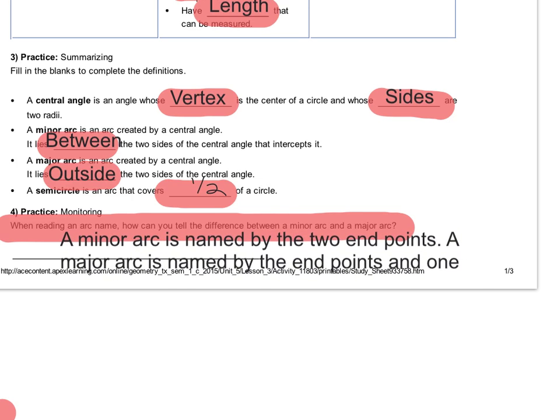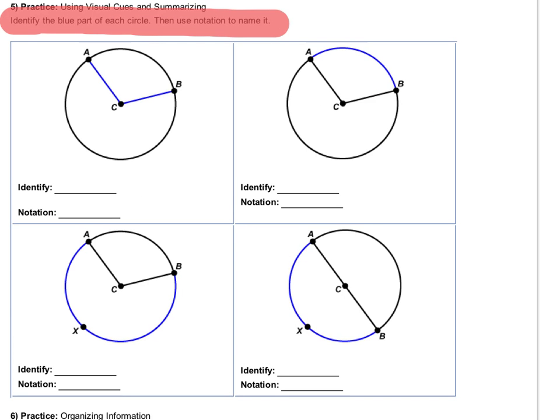So it says identify the blue part of each circle. In this case, what we have here on the first picture in circle C is a central angle. We would name it either angle ACB, or we can call it angle BCA.